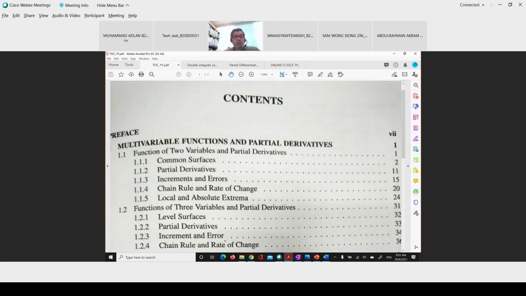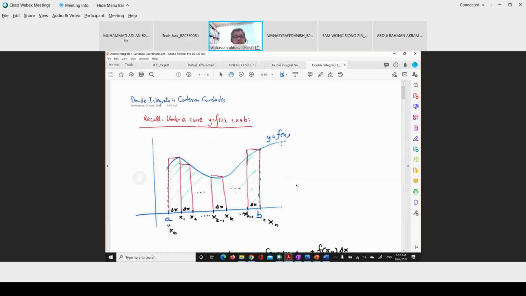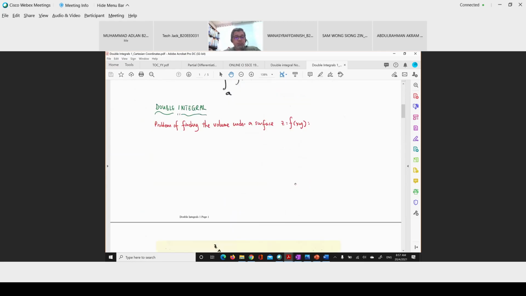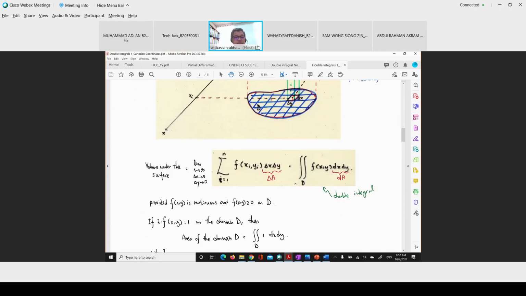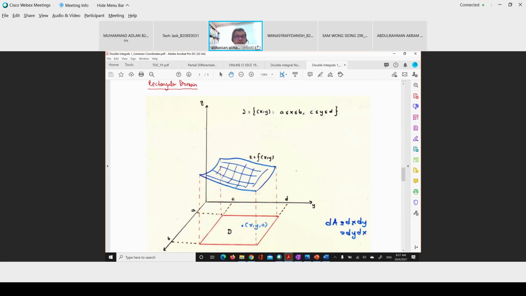These are the double integral lecture notes, which I discussed with you last week on Wednesday. I discussed the concepts of double integral, then methods of evaluation of double integrals.